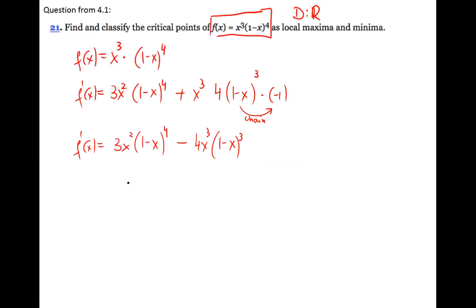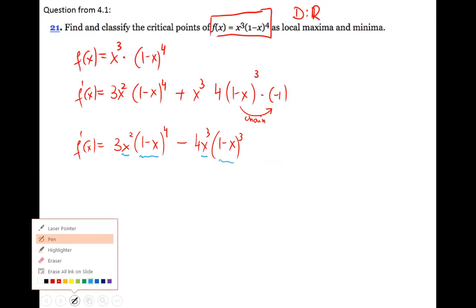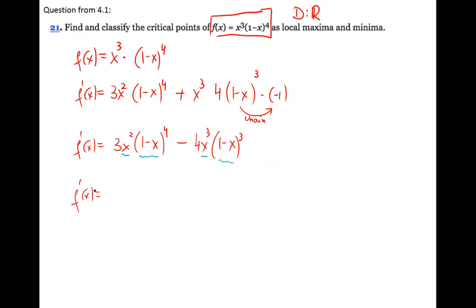So I see two terms, and I see x squared is a common factor. I can factor out x squared and 1 minus x to the power of 3. I will factor out because otherwise I will not see the product, I mean the critical points. I will factor out in front of the parentheses x squared and 1 minus x cubed. And what stays?